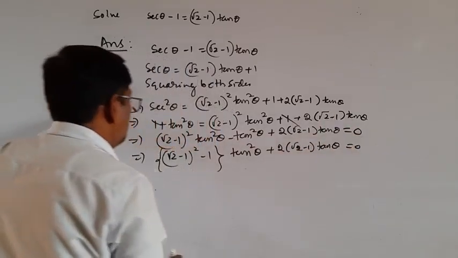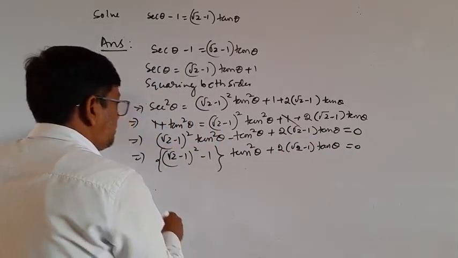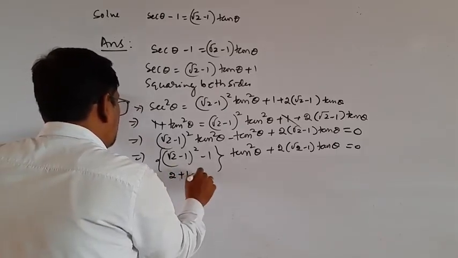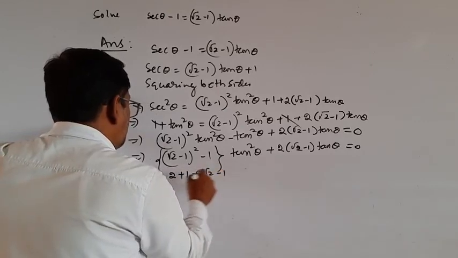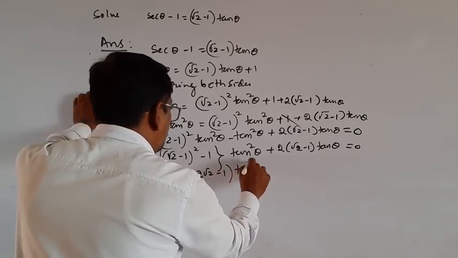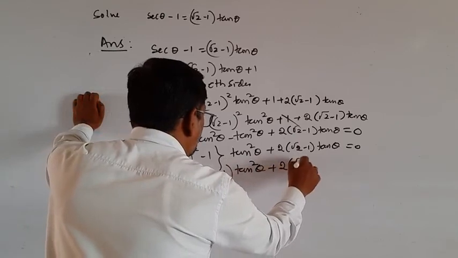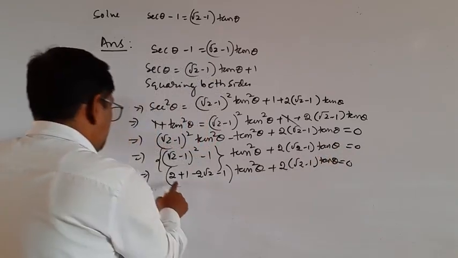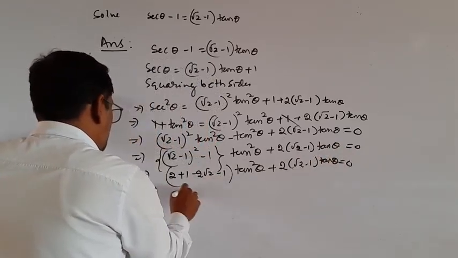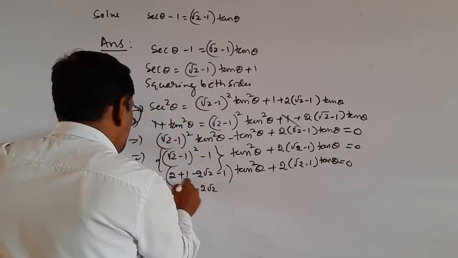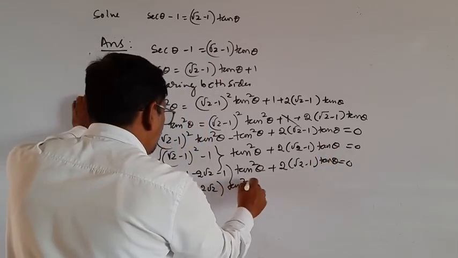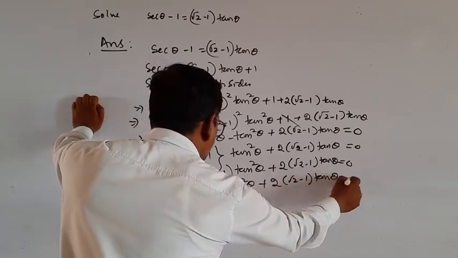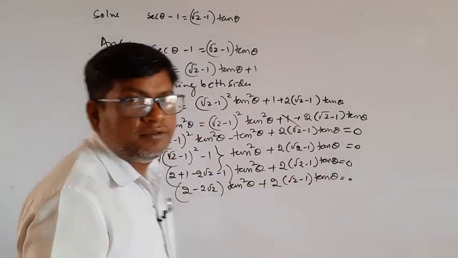That is 2 plus 1 minus 2 root 2, minus 1, into tan square theta plus 2 into root 2 minus 1 into tan theta is equal to 0. So this is 3 minus 1, 2. 2 minus 2 root 2 into tan square theta plus 2 into root 2 minus 1 into tan theta is equal to 0. So take 2 common.